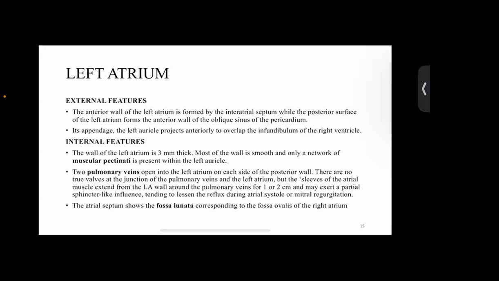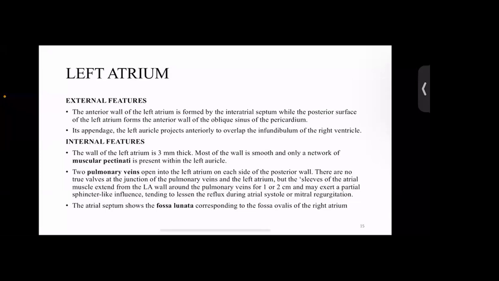Now the wall of the left atrium is about 3 millimeters thick. Most of the wall is smooth and only a network of musculi pectinati is present within the left auricle. The 2 pulmonary veins open into the left atrium on each side of the posterior wall, making it 4.